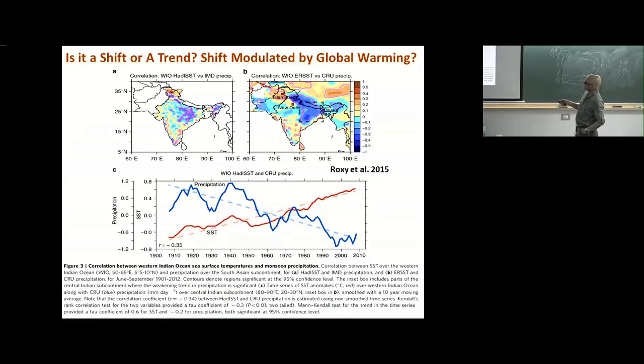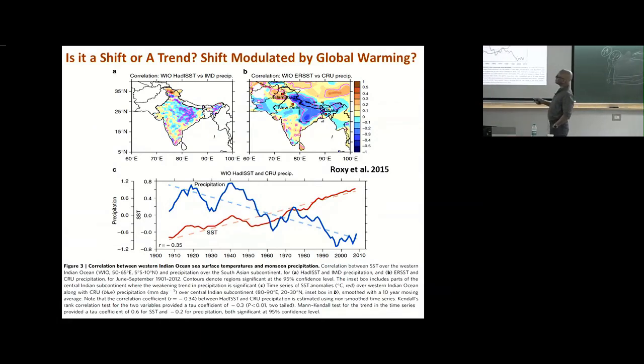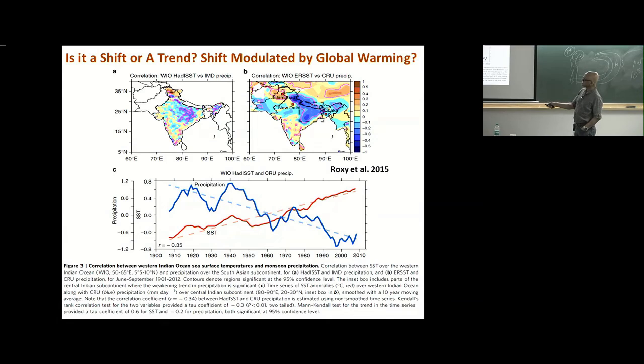And you can see that they have approximately similar patterns, which means the warming of the sea surface temperature over the Western Arabian Sea has potentially causal correlation with the decrease in the trend of monsoon precipitation.